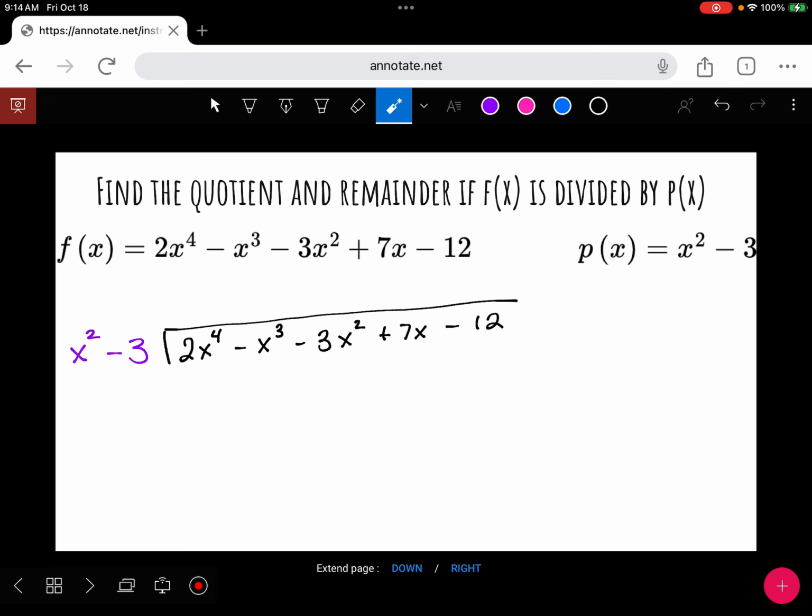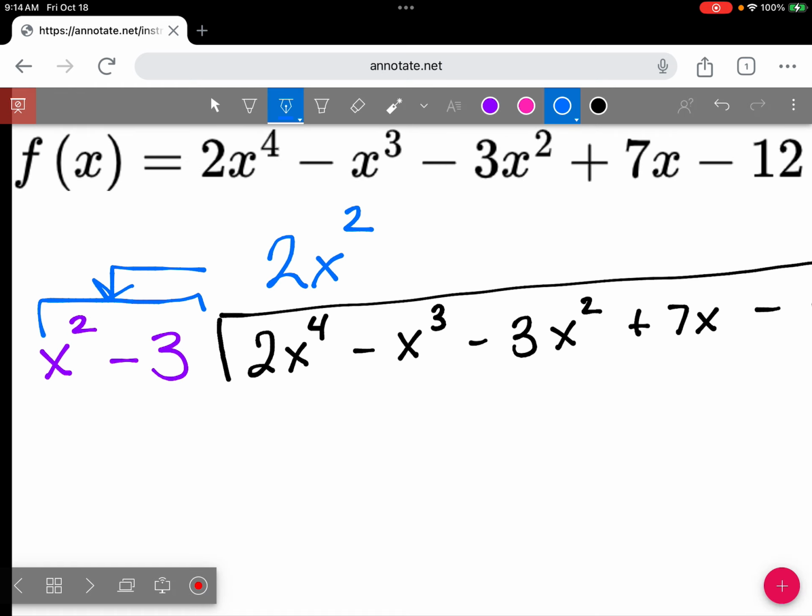All right, so what do I need to multiply this first term by in order for it to eliminate the entirety of 2x to the 4th out? 2x squared. We're going to have our 2x squared up here. Then I'm going to take that and multiply it by the whole term over here. So 2x squared times x squared gives us 2x to the 4th.